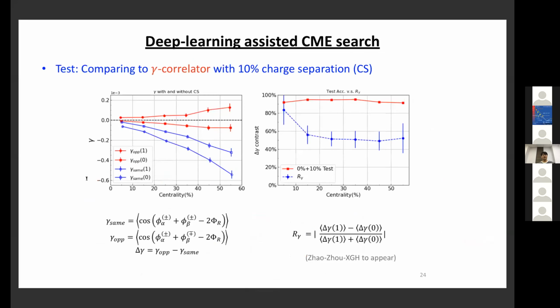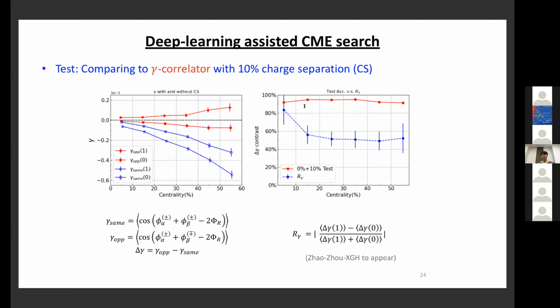Then we compared the machine to the usually used gamma correlator. So here this part is the gamma correlator, and from the gamma correlator we define a relative difference for the situation with or without the initial charge separation. So this quantity R gamma would quantify the sensitivity of the gamma correlator to the initial charge separation.